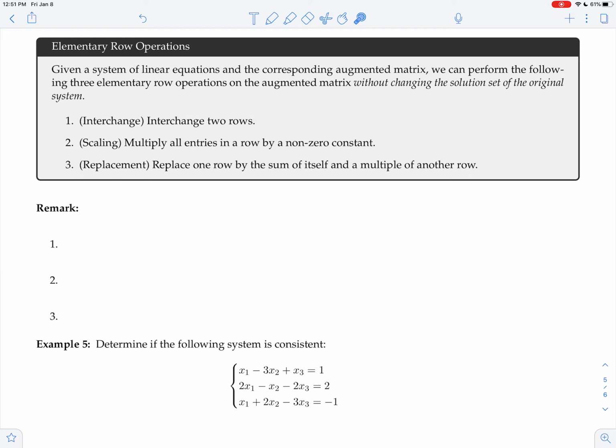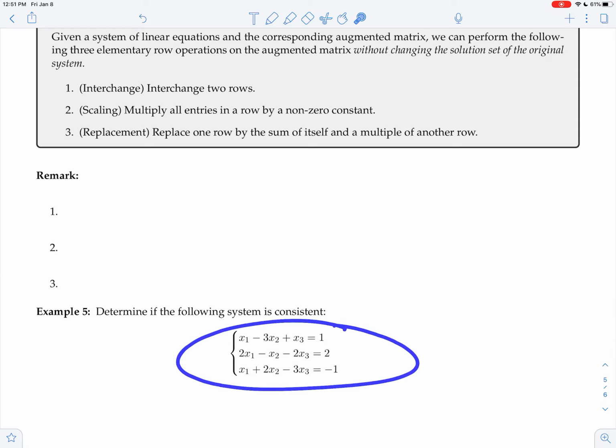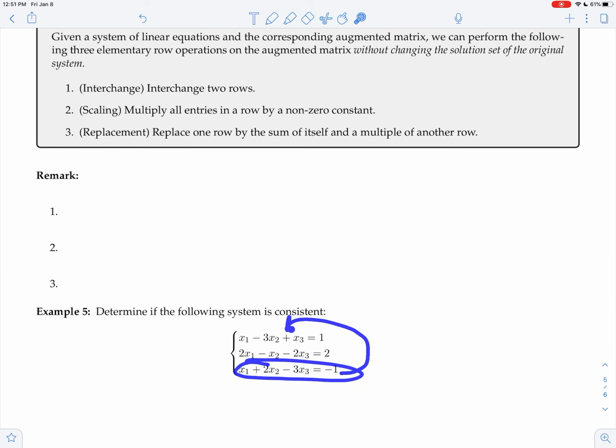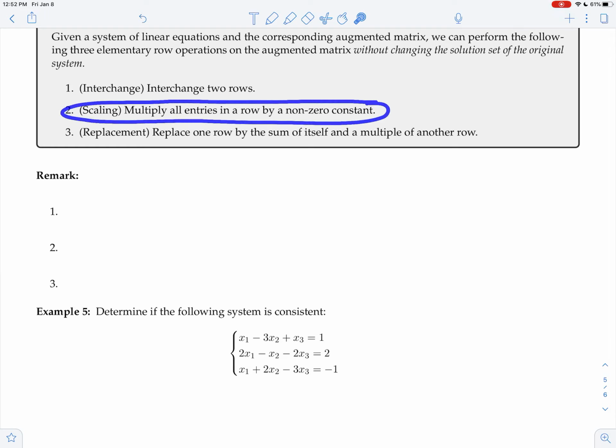And I'll try to give you a graphical demonstration of what's going on before we're done. So the first row operation is you can simply interchange two rows. You can switch the location of two rows. And if you think about it, that doesn't change the system at all. Let's just look at this system on the screen for just a minute. If I decide that I want to write that equation on top instead of on the bottom, that changes nothing. So that somehow seems clear. You are allowed to multiply all the entries in a row by a non-zero constant.